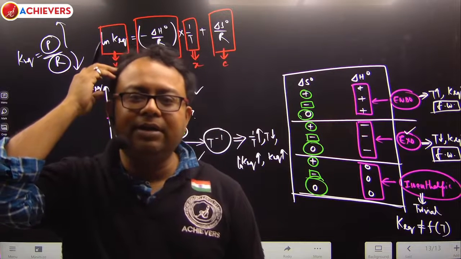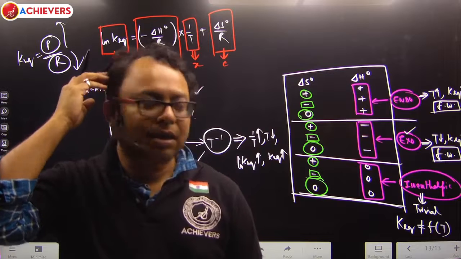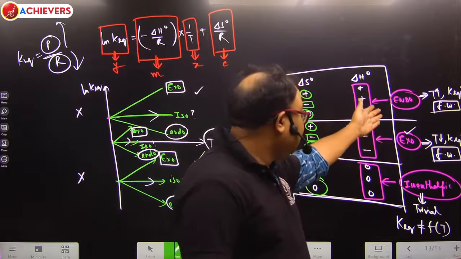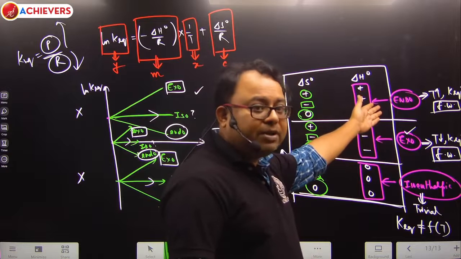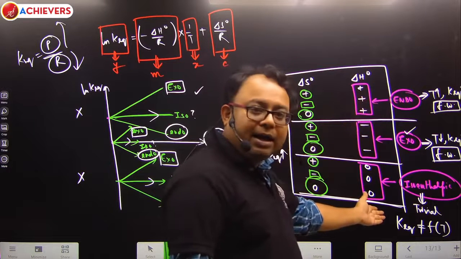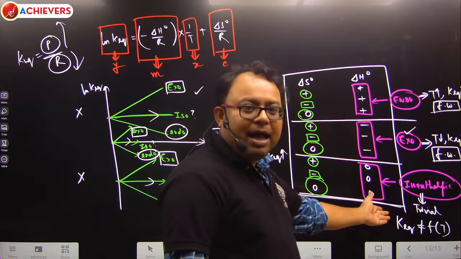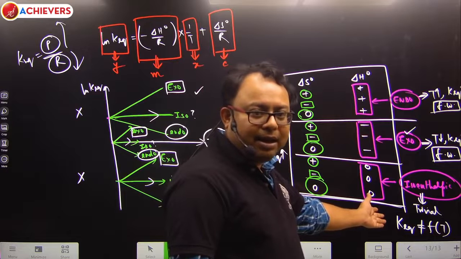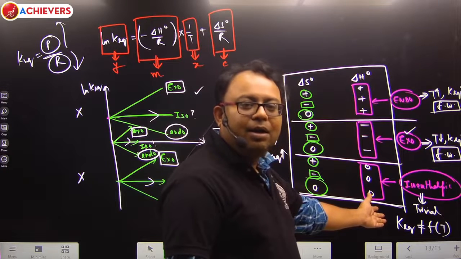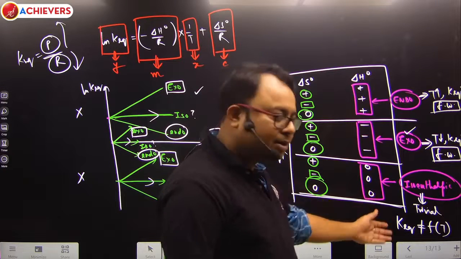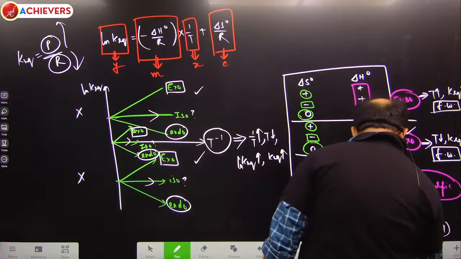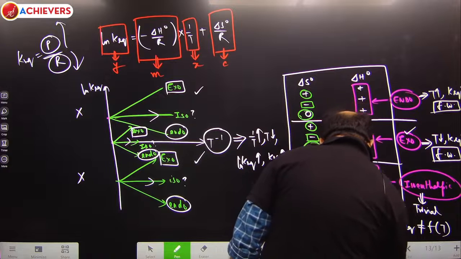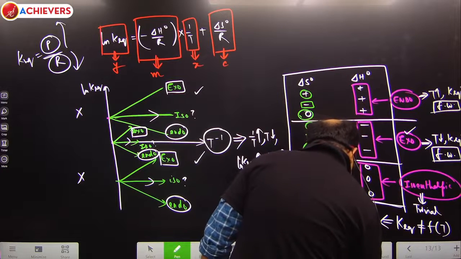So increase or decrease of temperature has no effect. For exothermic reaction, decrease of temperature favors forward reaction. For endothermic reaction, increase of temperature favors forward reaction. But here, K equilibrium is independent of temperature, so there will be no effect of variation of temperature.